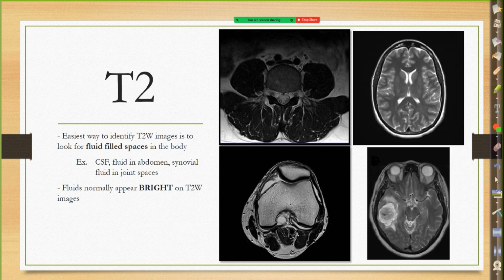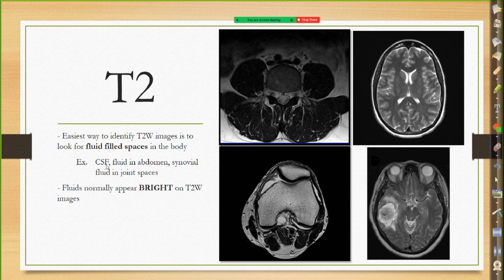All right, here are our T2 weighted images. So we have axial spine, axial brains, and then an axial knee here. So once again, go to the fluid-filled spaces, and that's actually even more important here because remember, fat is also bright on a T2 due to J coupling and it being a fast spin echo.